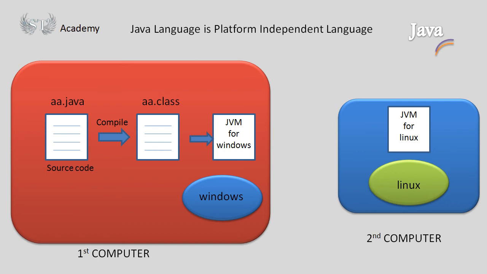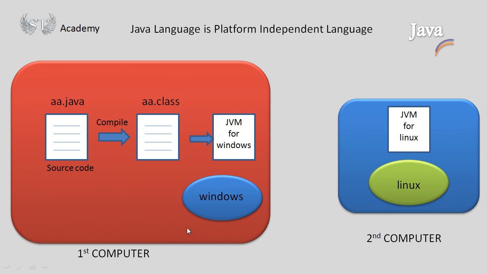We get the output. This JVM is also known as an interpreter. It converts the neutral code into native code and we get the results. If here is the Windows operating system, then JVM for Windows should be there on the first computer. You have to install JVM for Windows on the first computer. Then only will the native code be generated, compatibility take place, and we get the output.